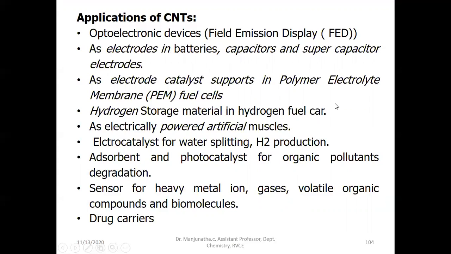It is used as an electrode catalyst support for PEM, polymer electrolyte membrane, fuel cells, and as a hydrogen storage material in hydrogen fuel cars. It is used in electrically powered artificial muscles, and as an electrocatalyst for water splitting and for the ORR, oxygen reduction reaction.